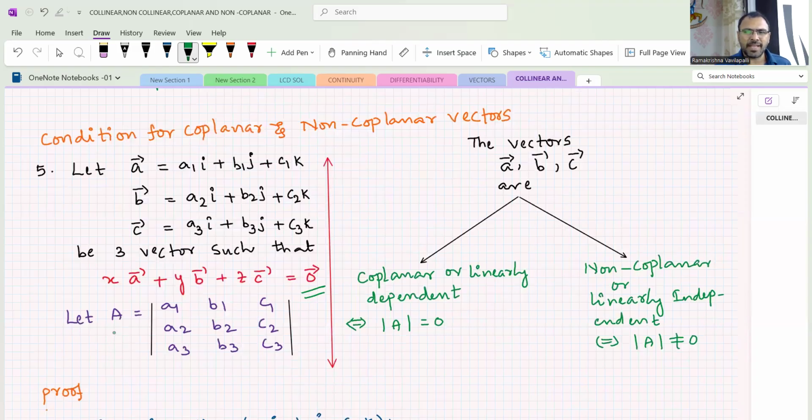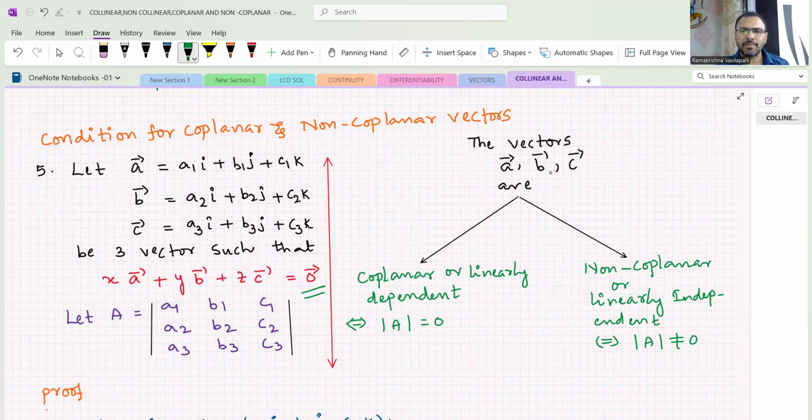Now, I would like to take A equal to the determinant of A1, B1, C1, that is the scalar components of the first vector, first row. Second vector along the second row, third vector along the third row. So A2, B2, C2, A3, B3, C3. These are the three vectors. I wrote only scalar components.